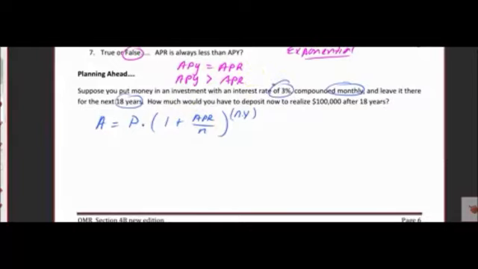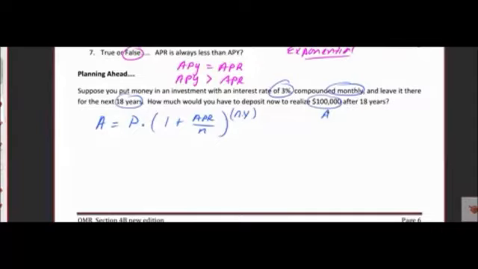So the question is, does the $100,000 represent the A, the amount in the account after 18 years, or does it represent the P, the amount you're investing? After reading this, we realize that the $100,000 is the money you want in the account after 18 years. That $100,000 is A, that future value.